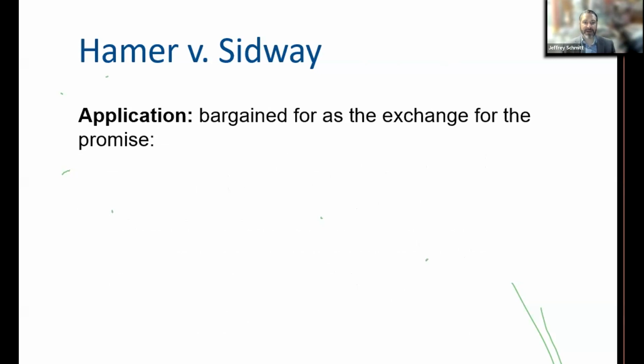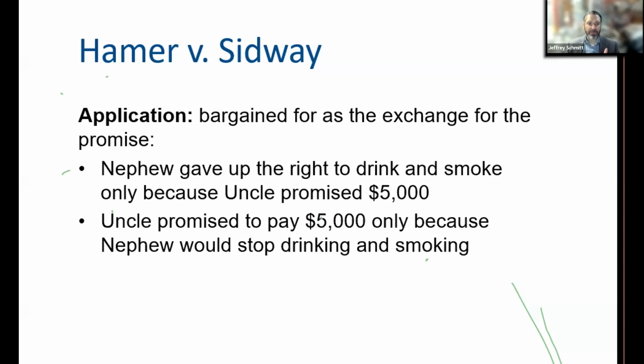The nephew got the money, but only if he gave up the right to drink and smoke. So is that a bargain? Well, the bargain means that the party was induced to do the thing by the promise, right? So sometimes it's an exchange of promises, sometimes it's a performance. Here, the nephew didn't promise to do anything. He just did it, right?